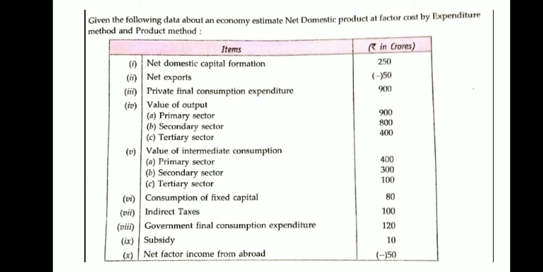Please read the question once and then start the answer. Otherwise if you directly start calculating national income it will be wrong. You are going to solve this with both methods, that is expenditure as well as product method. Thank you.